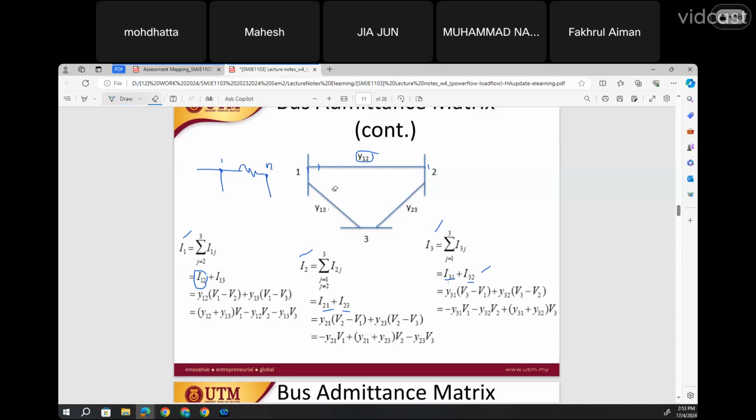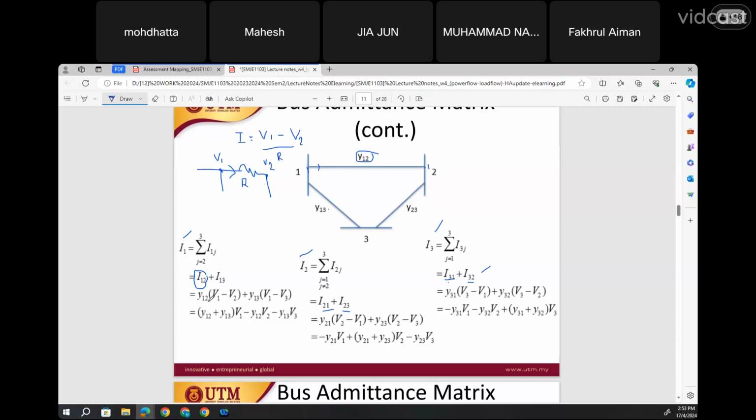Yeah, my writing, because I'm writing using a mouse. So if you would like to get the current I here, coming from V1, let's say this is V1 and V2, it is V1 minus V2, and we divide it by the value of the resistor over here, right?